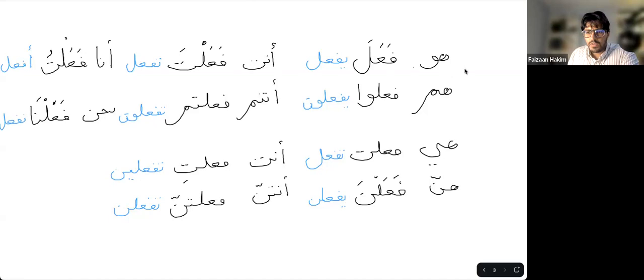For هو, it's hu. For hum, you just add hum. Here, you add ha. Hunna, you add hunna. So most of them are just the same, actually. It's just hu, hum, ha, hunna. As for anta, you just have to change it to a ka.